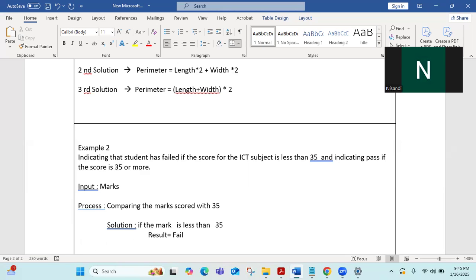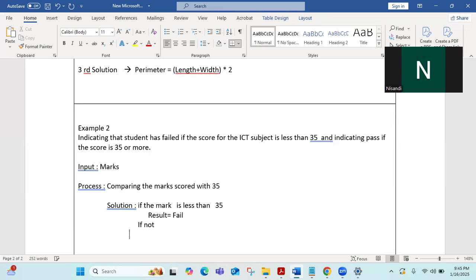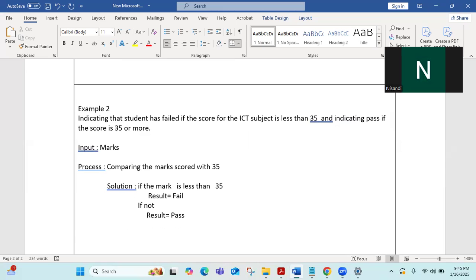If not, you can say the result is pass. Right. Clear? Okay. So this is solution 1.